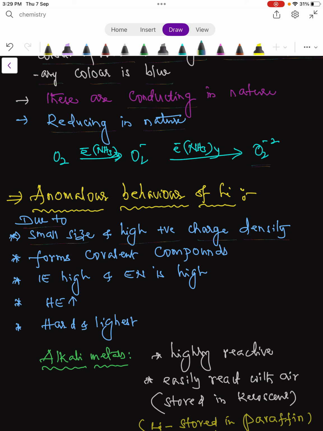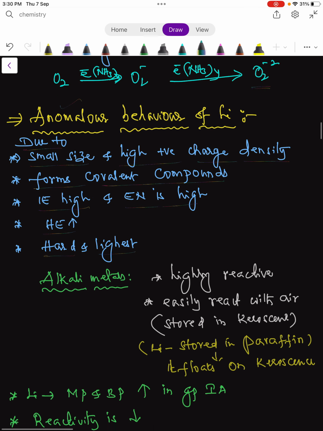So that is the reason it has anomalous properties. And at the same time, lithium can form covalent compounds. And ionization enthalpy is high. Electronegativity is also high. And next, hydration enthalpy is also high for lithium. And it is a hard and lighter element. So because of all these properties, lithium is behaving differently from its group elements.